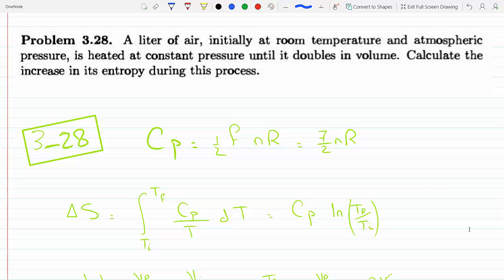To find the entropy, I would have to integrate from T initial to T final, Cp over T dT.